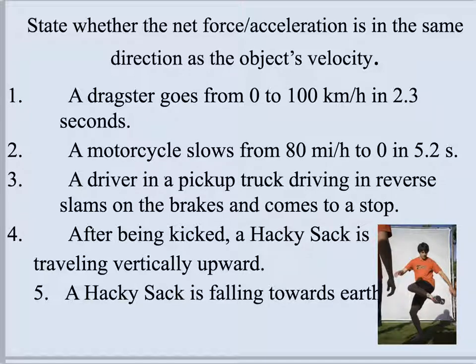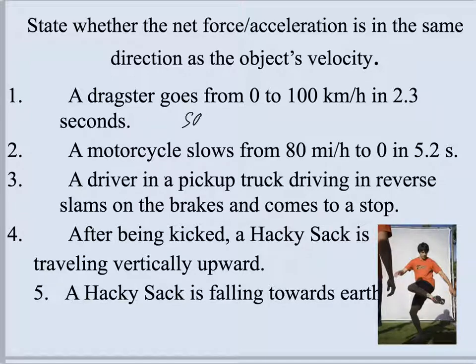All right, so let's take a look at some examples here to state whether the net force and acceleration is in the same direction as the object's velocity. So we have a first one: a dragster goes from 0 to 100 kilometers per hour in 2.3 seconds. I think you can tell from the way that it's written that it is speeding up. It's getting faster. So this will just be like the second part of the example previously. So the velocity and acceleration are the same direction.